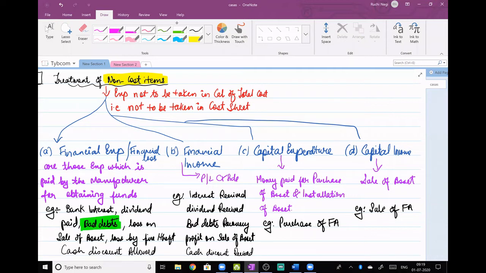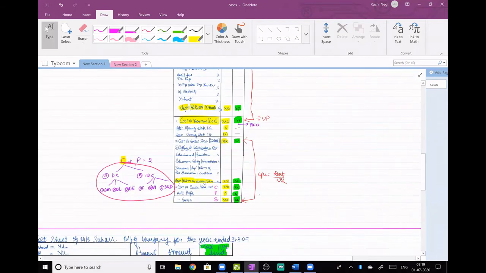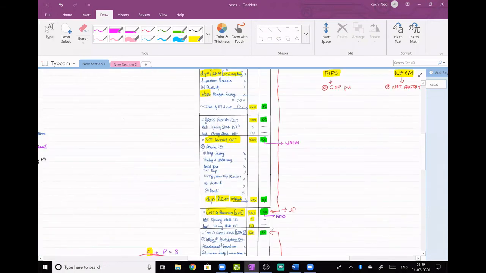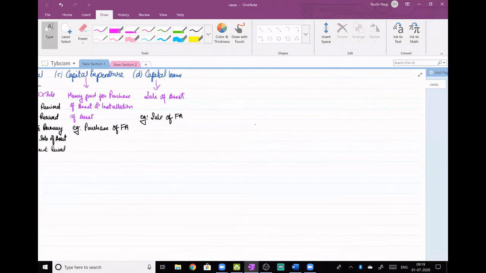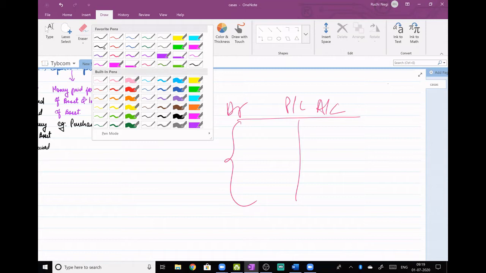Obviously, you all know what a P&L account is. When you make a P&L account in financial accounting, the debit side is actually divided into 3 types.